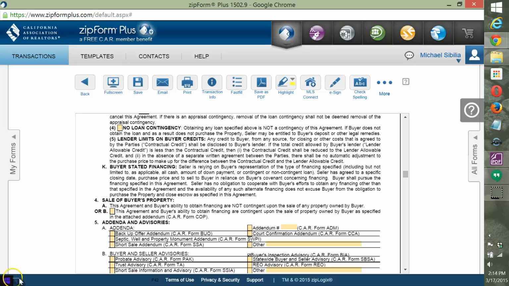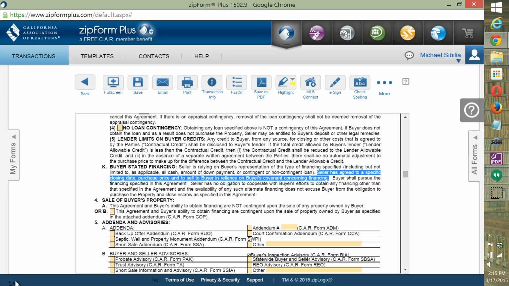Seller, by the way, is relying on buyer's representation of the type of financing specified. Seller has agreed in reliance on buyer's covenant concerning financing. One of the people I was coaching recently, the seller, got an all-cash offer.